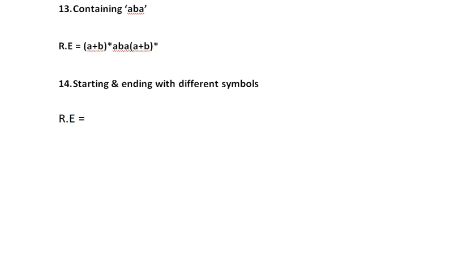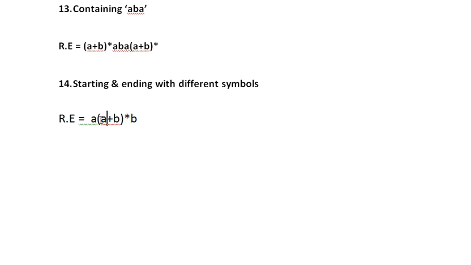For the first condition it starts with A and ends with B. Perfectly correct. It starts with A, and in between there can be any possible combination of A and B, so I have taken (A plus B) whole to the power star.